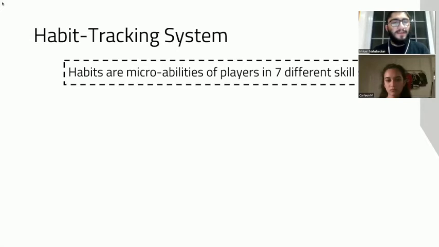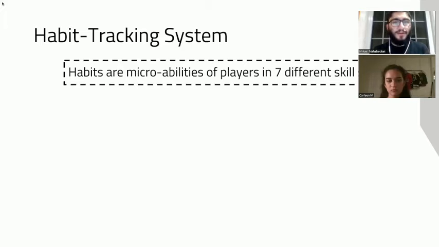Basically, as we were saying, the goal of this project was to link habits to events and link events back to habits. But the first challenge we faced from a statistical standpoint was the fact that habits, or micro abilities, for different players are not easily quantifiable from a systematic standpoint.